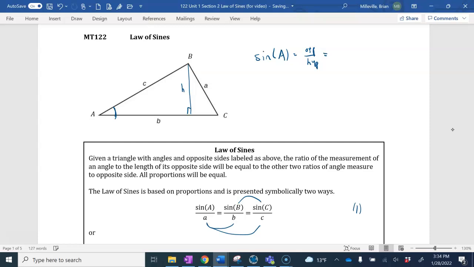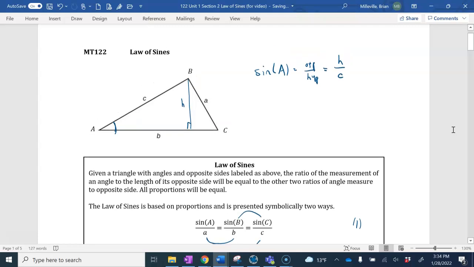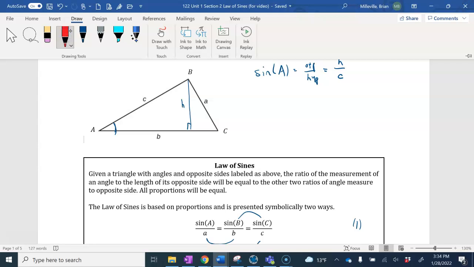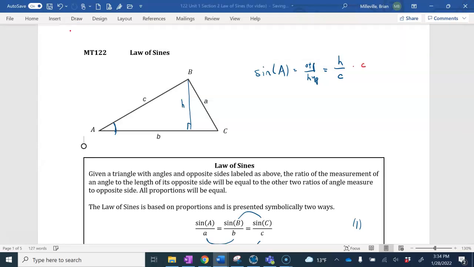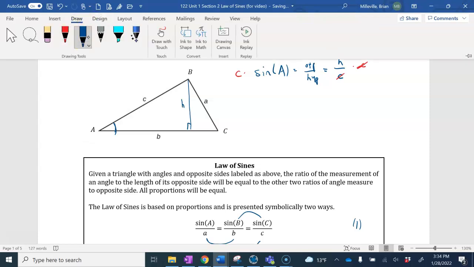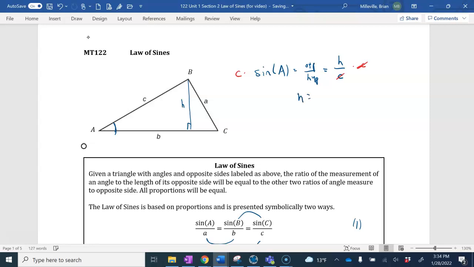In that right angle triangle, the opposite side length is H, the hypotenuse side length is C. Alright, and if we multiply both sides of this statement by C, we would clear this fraction out, and we end up getting that H is equal to C times sine of the angle A.